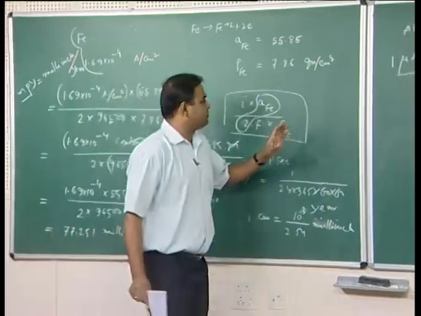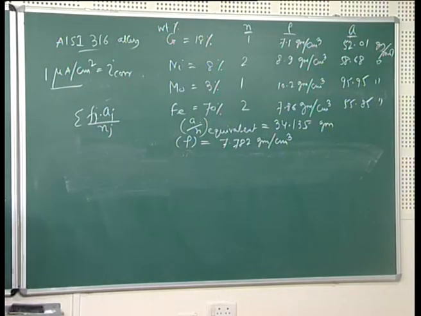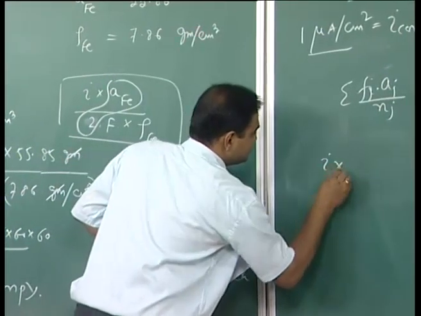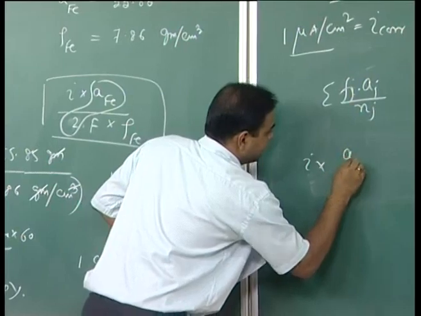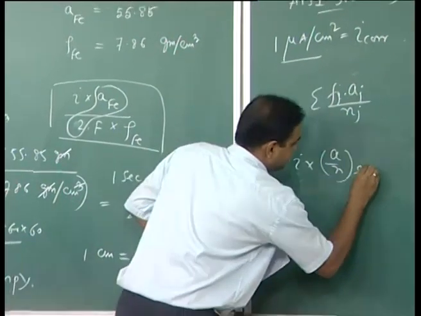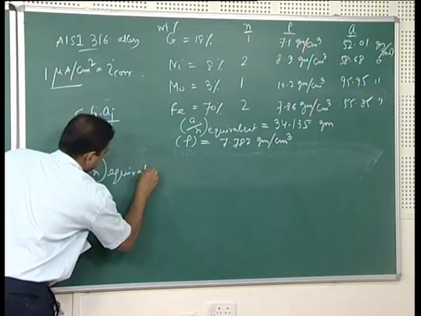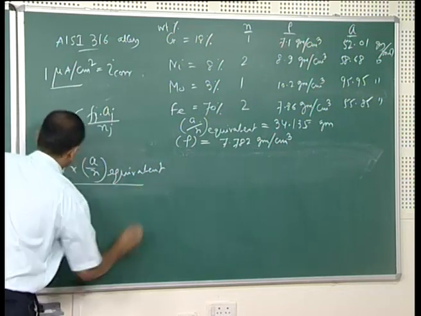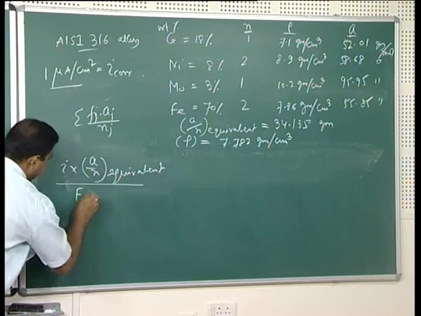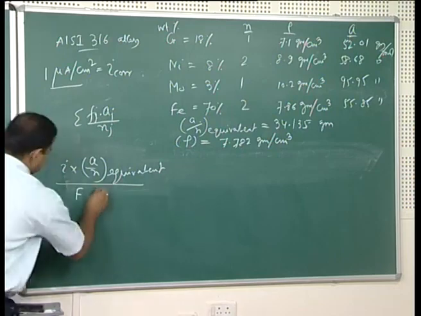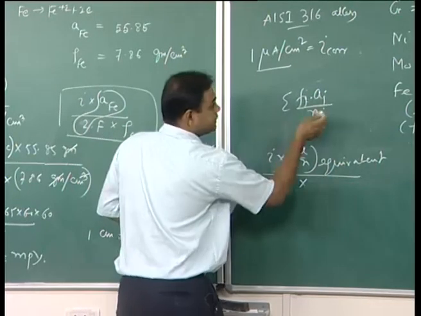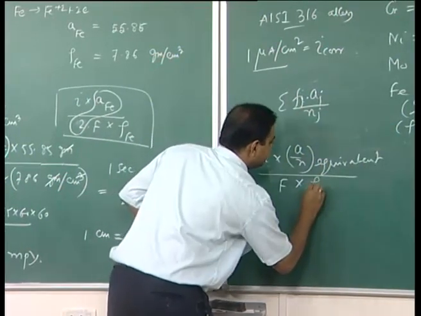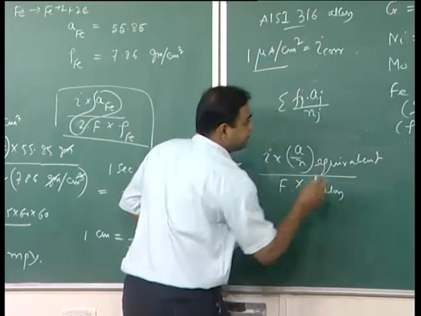Now, the modified equation for the alloy would be I into A by n equivalent divided by F, which is Faraday, into rho, in this case rho of the alloy, you have to take rho alloy.